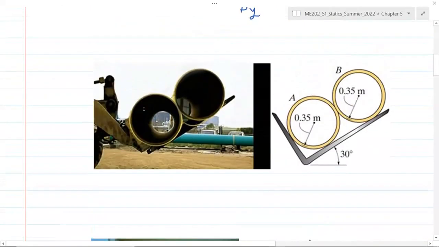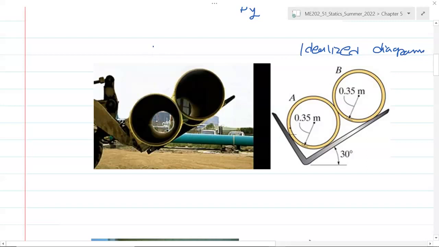Let's look at this forklift and pipes example. The pipe is being supported on the forklift. This is the actual photo of that assembly, but what we have seen here is called an idealized model or idealized diagram. An idealized diagram is just a simplified diagram of the real, physical system.